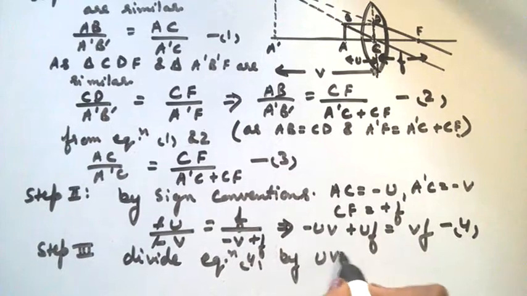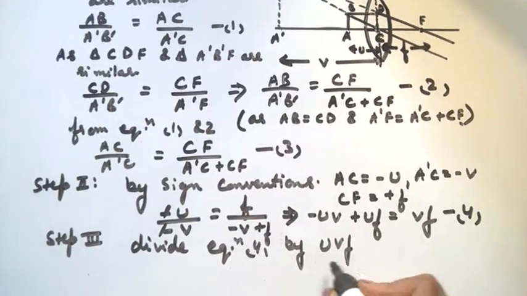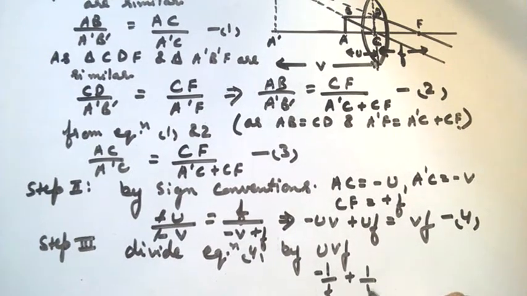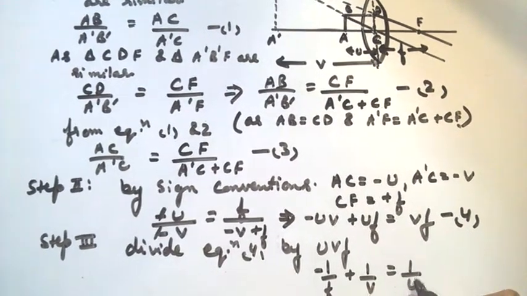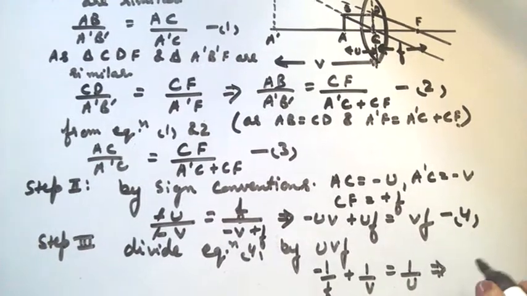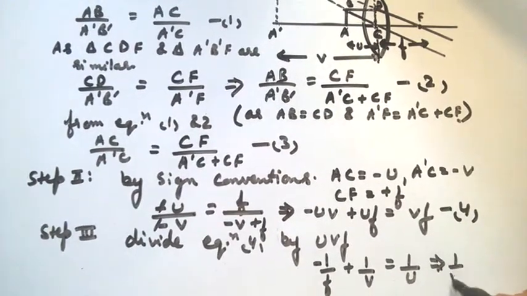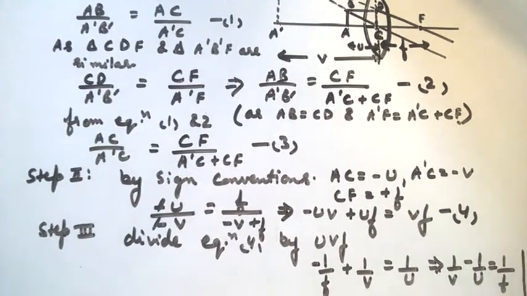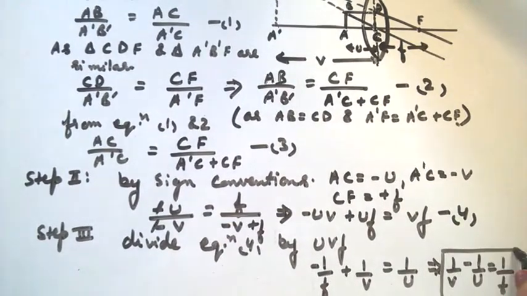We get minus 1 by F plus 1 by V equal to 1 by U. Or we can write this as 1 by V minus 1 by U equal to 1 by F. This is the lens formula for convex lens when the image formed is virtual.